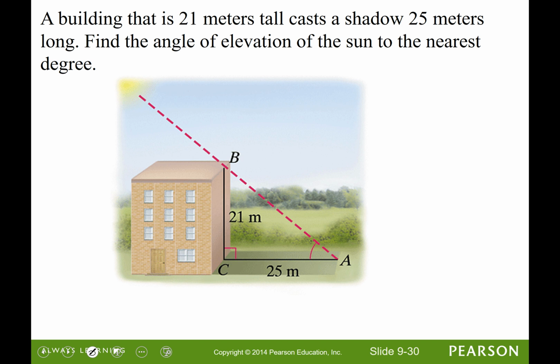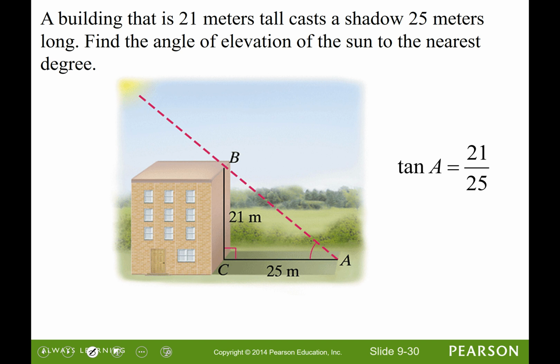All right, I'd like you to pause this video and give this one a try. Welcome back. Let's see how you did. If you set up your equation as tangent of angle A equals 21 over 25, that is an accurate equation.